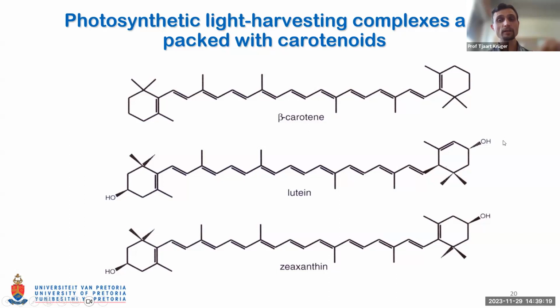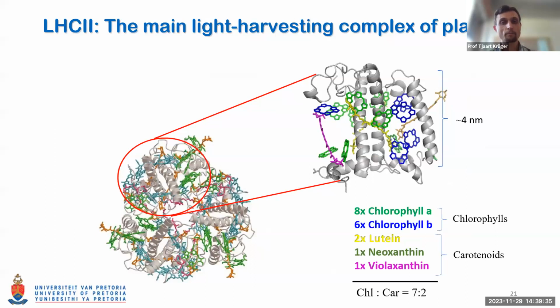Okay, so these carotenoids are great systems to interact with the reactive oxygen species, which I'm going to show you now. Let me first show you how these photosynthetic light harvesting complexes are packed with the carotenoids. So this is the main light harvesting complex of plants called LHC2. It consists of 3 proteins that are basically identical, and each protein binds a large number of pigments.